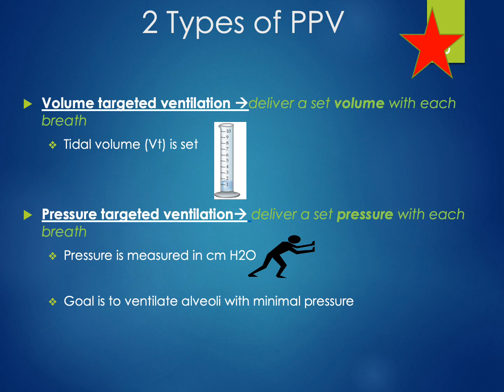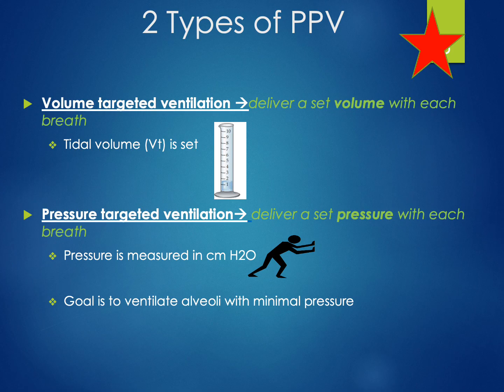Now with volume targeted ventilation, the machine is programmed to deliver a set volume each time it gives the patient a breath. Now that volume is programmed in milliliters, and we call it a tidal volume, often written as VT on the ventilator. So take a normal breath. Not a big deep breath, just a regular breath. That's a tidal volume. The amount of air you just took into your lungs measured in milliliters is a tidal volume.